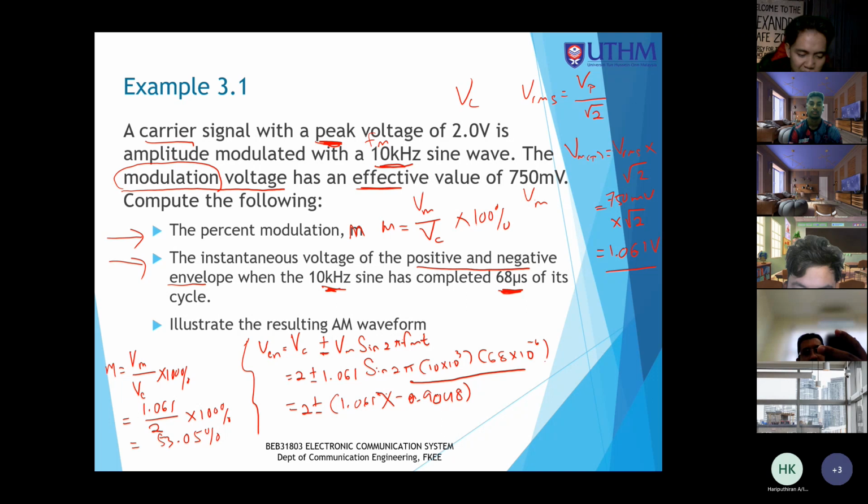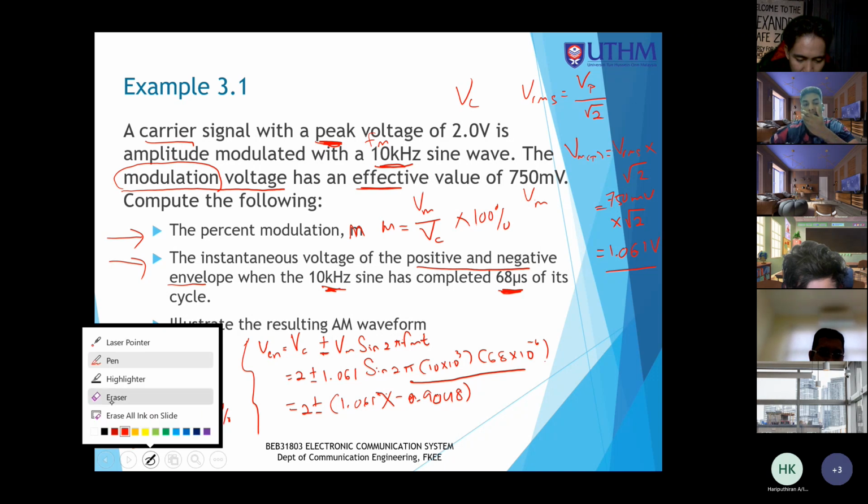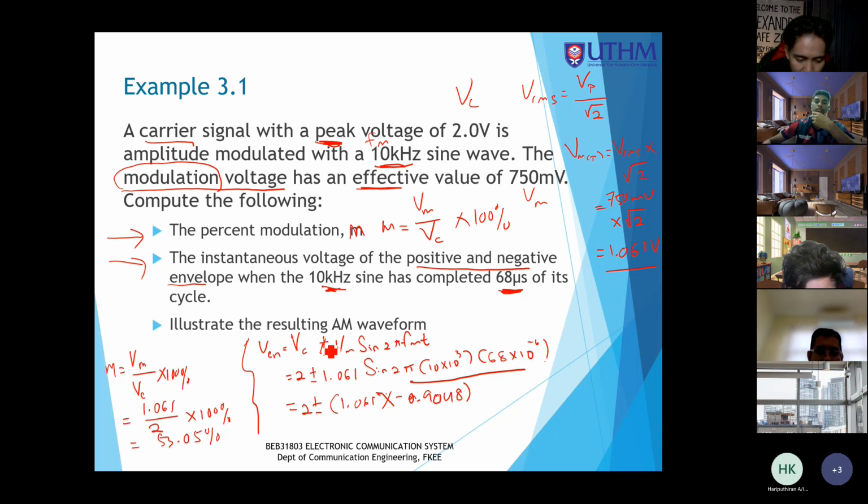Darabkan dengan 0.9048. So negatif 0.9048 darabkan dengan 1.061. So dapat negatif 0.945. Okay, silap. Saya ada silap sikit. Sorry about that. Saya padam sikit.